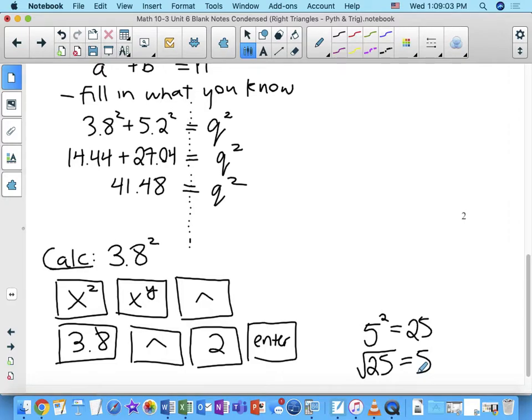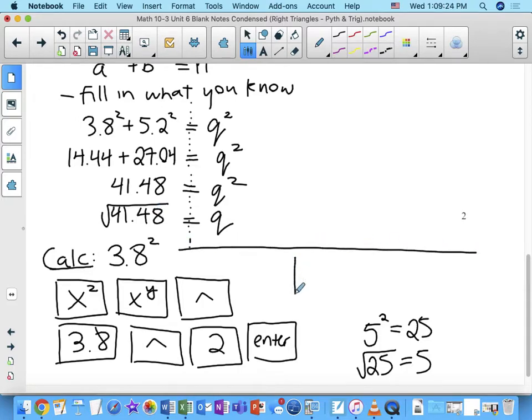So if we have q squared, and we just want q, we need to take the square root of 41.48. So you have to look for another button on your calculator that should look like this, or sometimes there's a little 2 in there.